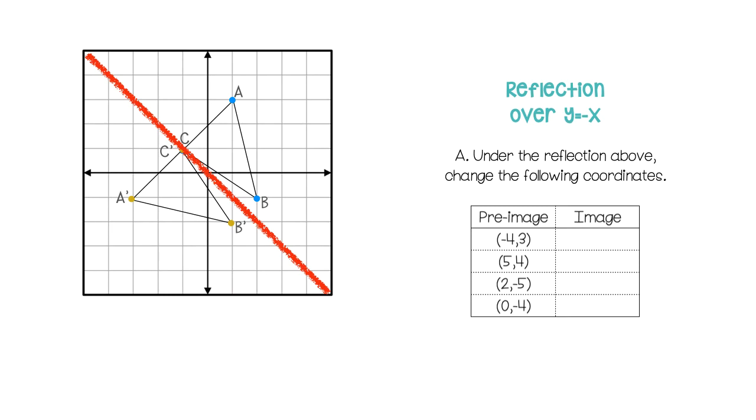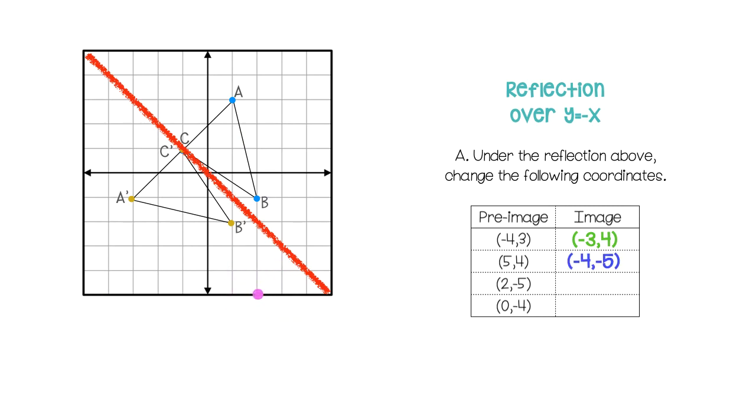Let's do the same with the points below. So if I plot the pre-image -4, 3, and I want it to flip over the red line exactly, that's going to give me an image at -3, 4. If I go to 5, 4, and I want it to perfectly create a mirror image, that's going to become -4, -5.